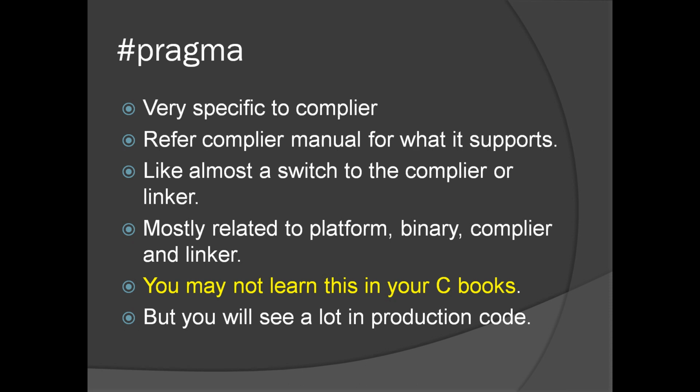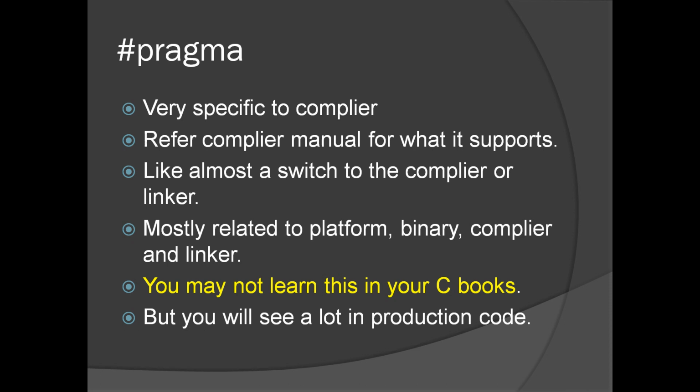You may not learn hash pragma directives in your C books because they are operating system specific, compiler specific and platform specific. So it's not part of the C standard. Hash pragma itself is a C standard, but what comes after that is not part of the C standard.